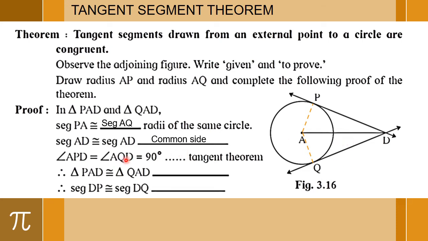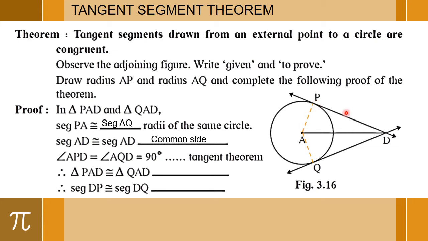Okay, next angle APD is equal to angle AQD. So by the tangent theorem we know that the tangent is perpendicular to the radius at the point of contact. So the angles formed here at the base are both 90 degrees.